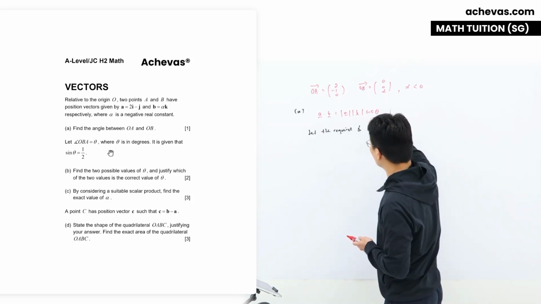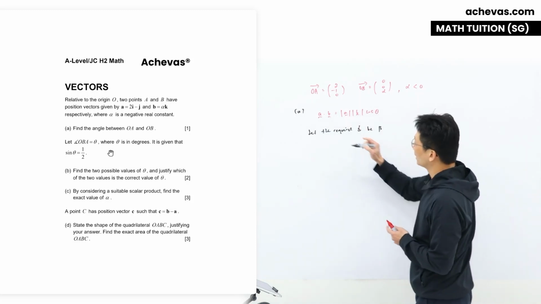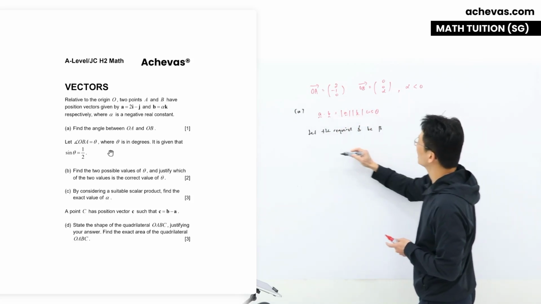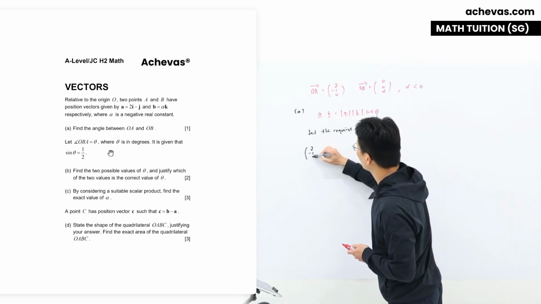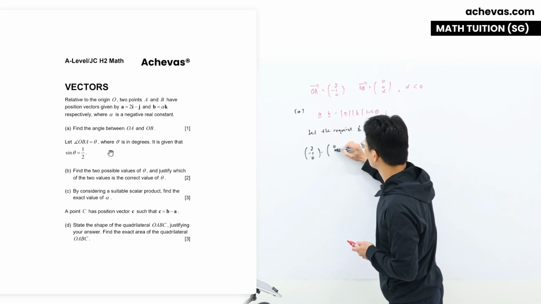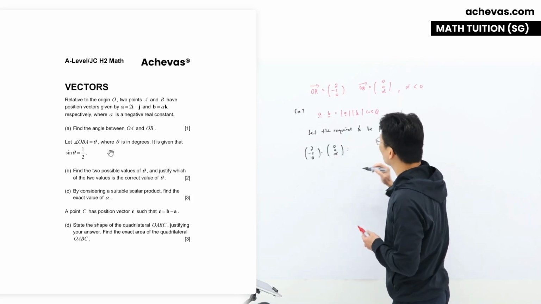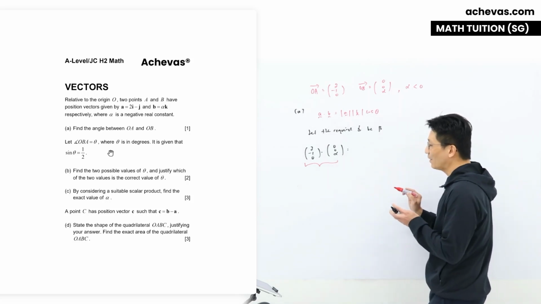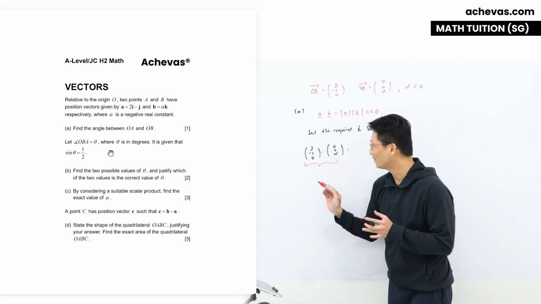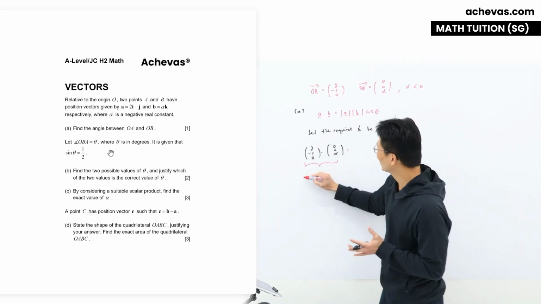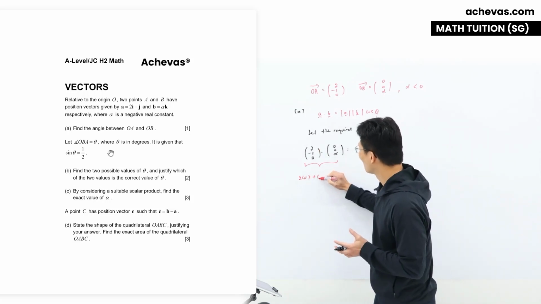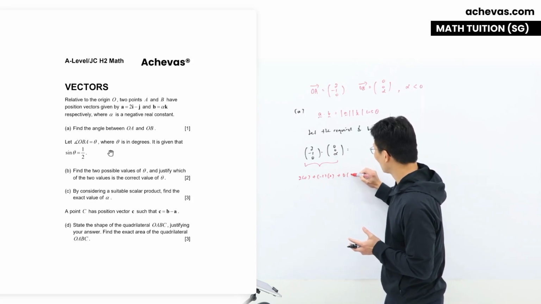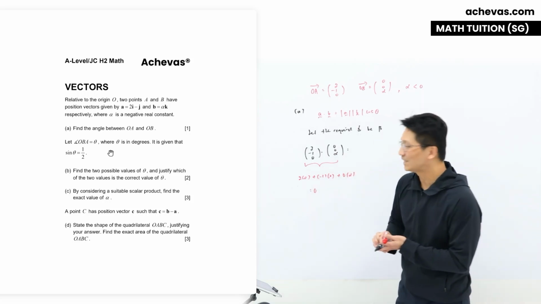angle to be beta. We are going to sub in our A with OA and our B with OB. I will have (2, minus 1, 0) dot with (0, 0, alpha). For the left-hand side, if I dot these two vectors together, I will just get 0, because 2 times 0 gives 0, minus 1 times 0 also gives 0, and 0 times alpha also gives 0.